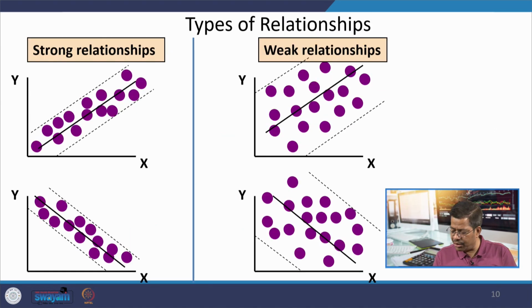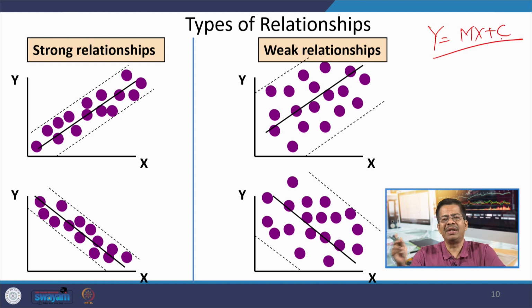You can see on your screen some of the relations between y and x. Here these pictures are good enough to tell you that because y equals mx plus c, we are developing this relationship, and in this relationship if y is like this, then it means as x is moving, y is also moving in the similar direction.